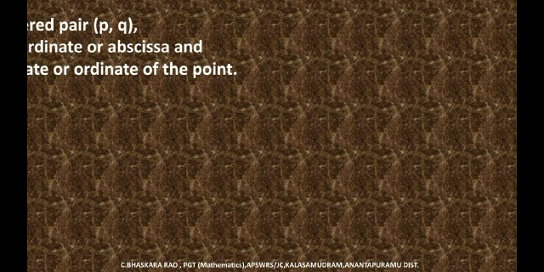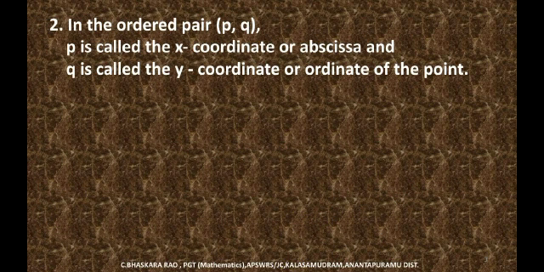Second point, in the ordered pair p comma q, p is called the x coordinate or abscissa and q is called y coordinate or ordinate of the point. That means any point is always denoted by an ordered pair. We use parentheses or small brackets for this ordered pair, and the first coordinate is called x coordinate, and sometimes abscissa.